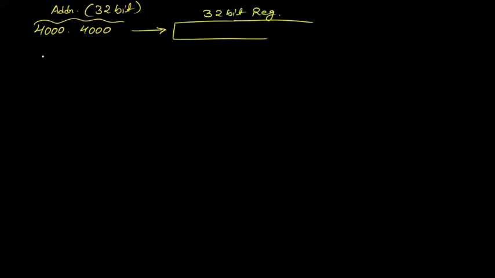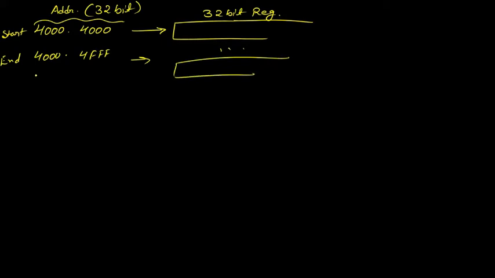And what is the ending address? This is the starting address, and the ending address is 4000.4FFF. Again, all these addresses are 32-bit registers. So what is the range in total?